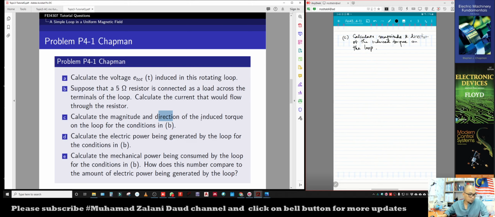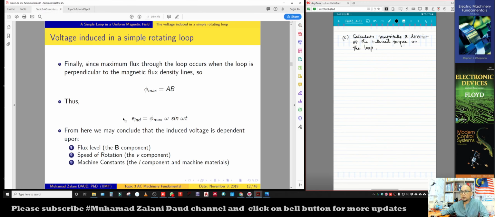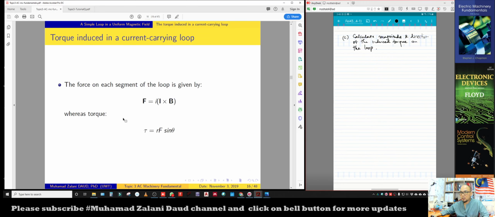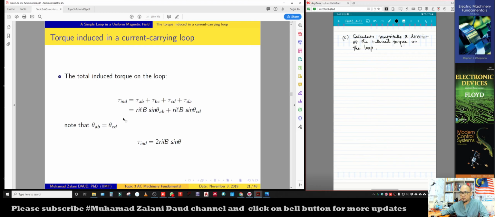Now we can always refer to the lecture notes for the equation for the induced torque. Torque induced is 2 RILB sine theta.